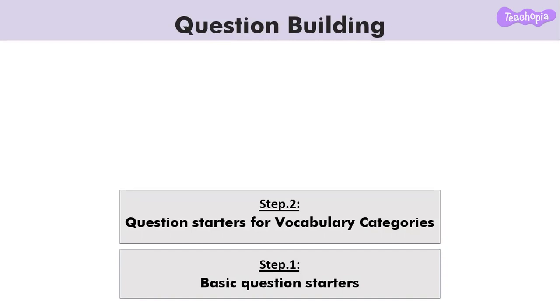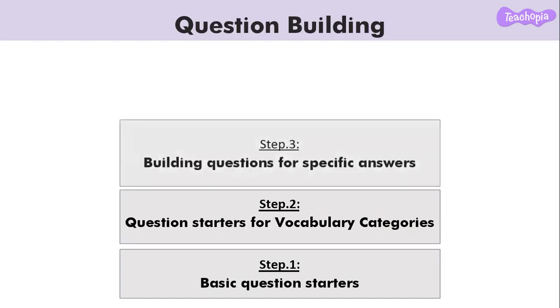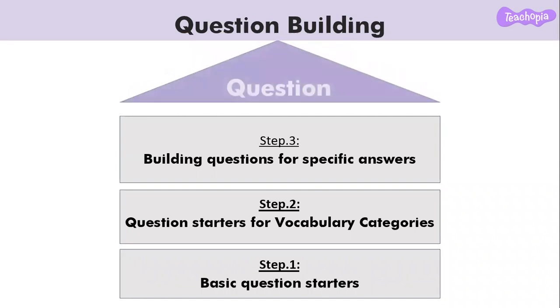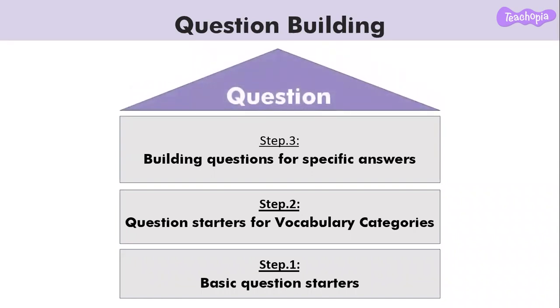We are all familiar with vocabulary categories. So what are the question starters that we can use for each of the categories? Something that we will be looking in this step. As step 3, we will be building questions for specific answers. So when we follow all of these three steps, we can finally build our own questions.